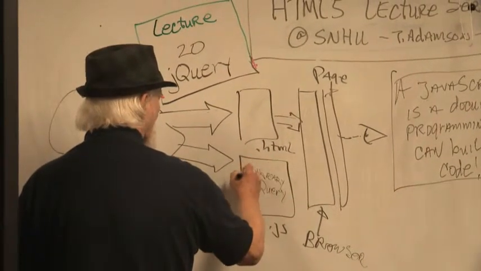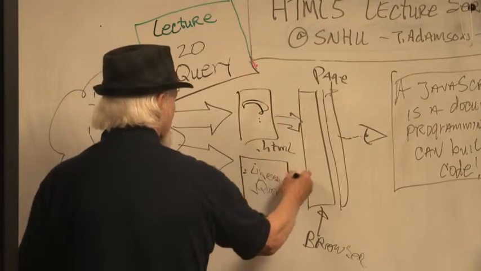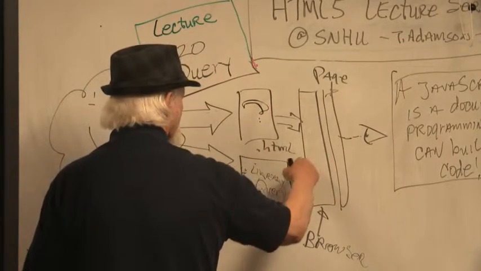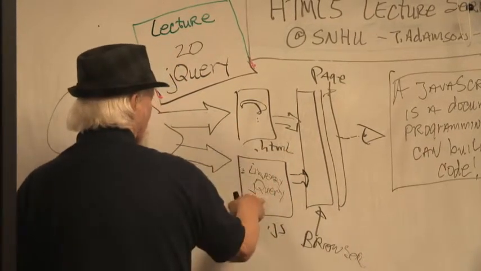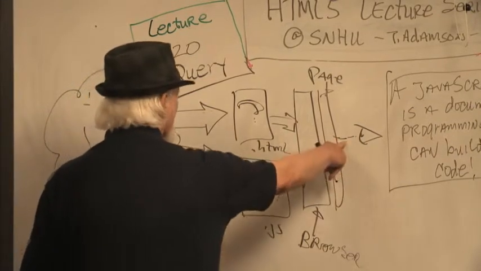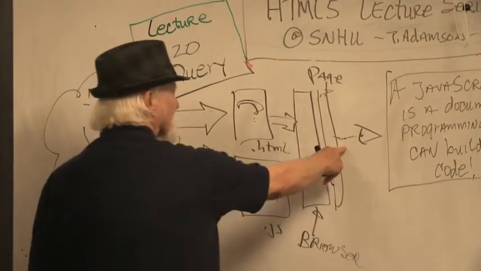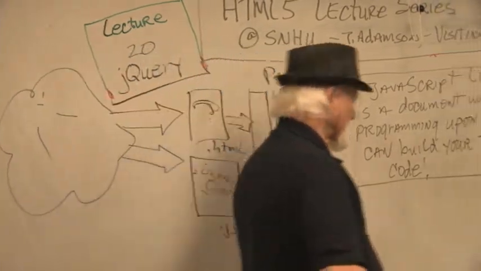This library is called in by code up here in my HTML document. Then I can add JavaScript code to my HTML document that will use the advantages of the jQuery library, giving me a really cool and dynamic web page for the user. A really cool experience.